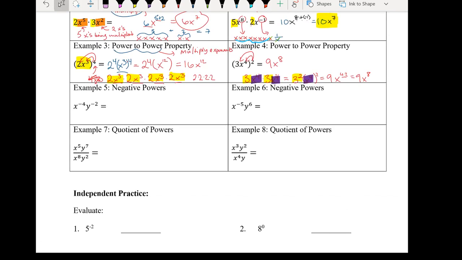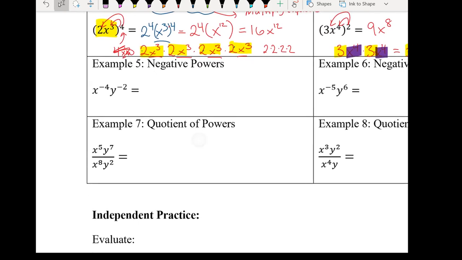Okay, negative powers are pretty straightforward. We talked about them briefly already. They basically mean divide by the quantity that many times. So here, instead of having x multiplied by itself 4 times, it's saying take x and divide it out 4 times.